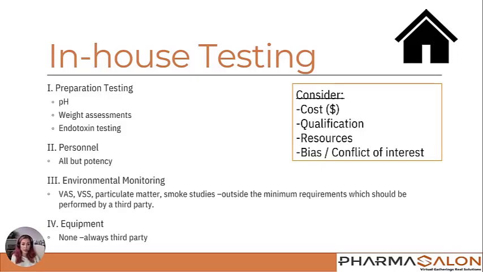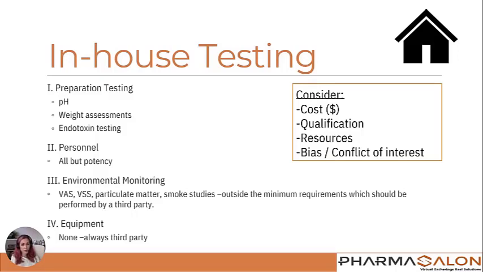So that's probably not something that you're going to do in-house. For your environmental monitoring, a lot of this you can definitely do in-house if you have the equipment and the space. You could do your viable air and surface sampling, particulate matter. You can even do your own smoke studies. If you do that, just make sure that you're recording them. My recommendation would be that a third party performs these tests on a semi-annual basis, and then maybe you do your own testing at some other predefined interval.